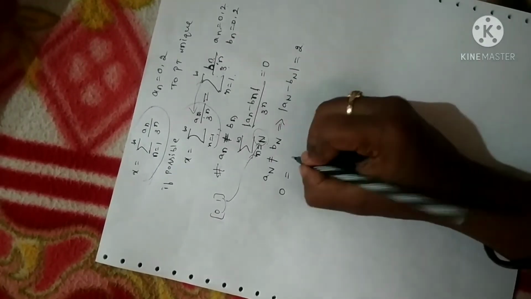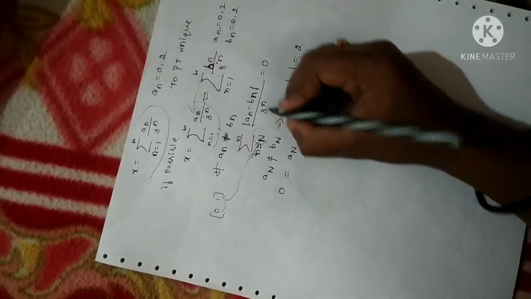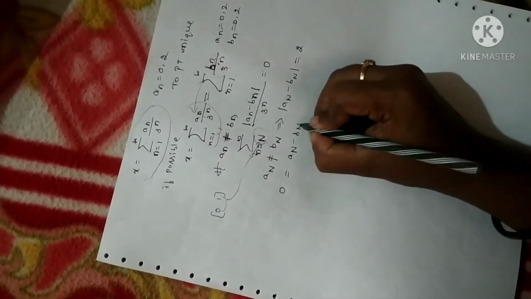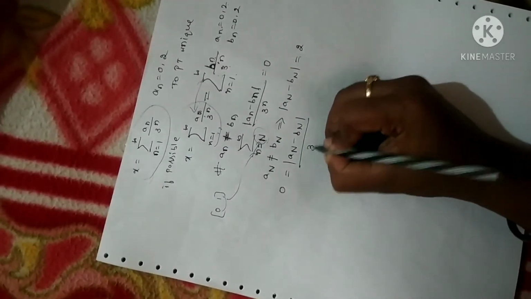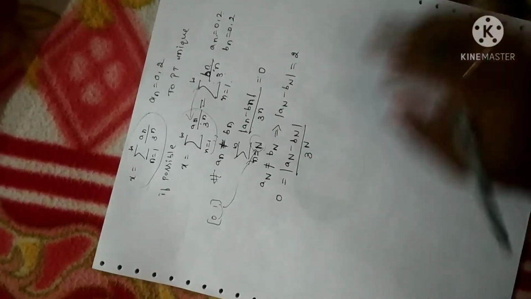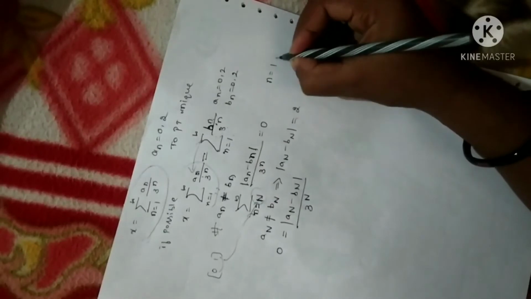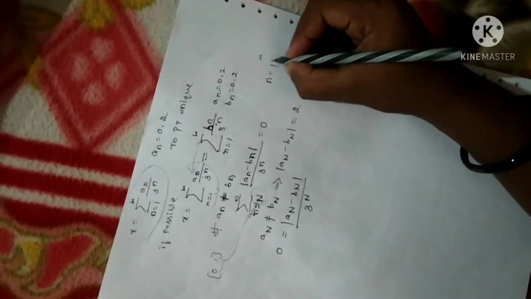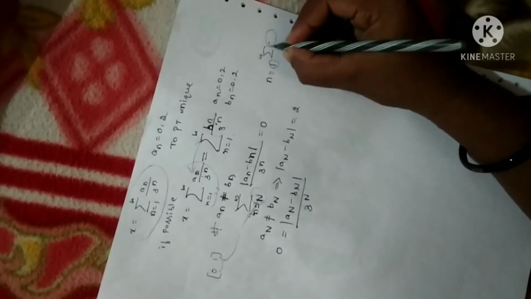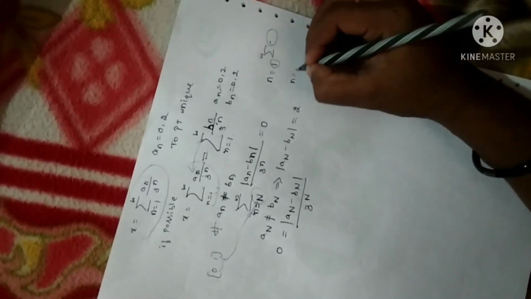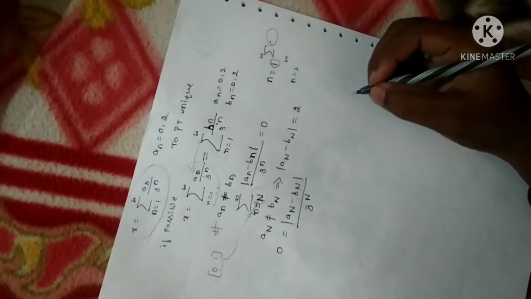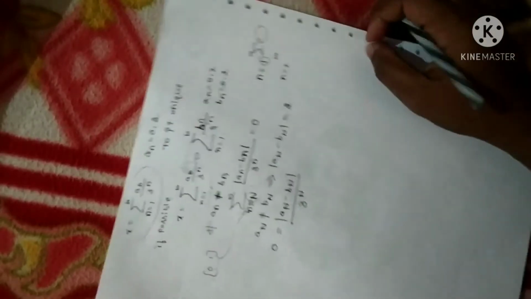First value I am going to put here, so that I have obtained an minus bn divided by 3 power of n, n is equal to n. So suppose I have something like n is equal to 1 to infinity. When you substitute n is equal to 1 in the summation, the next value will be n is equal to 2 to infinity, right? Next value to the 1 I am going to use.